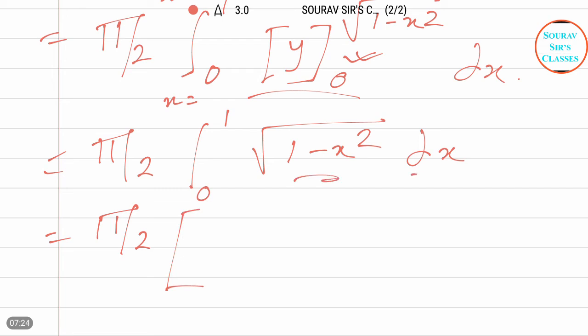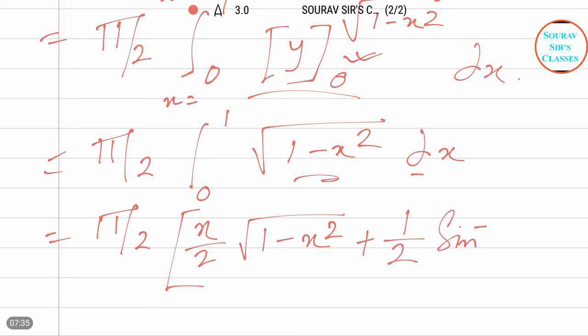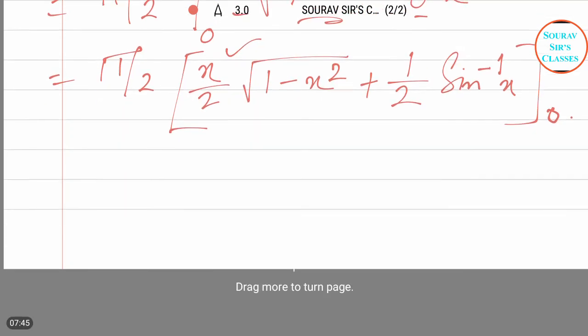Now we are integrating this part, that is x by 2 into root over 1 minus x square plus 1 by 2 sine inverse x, and we are putting the limits here.